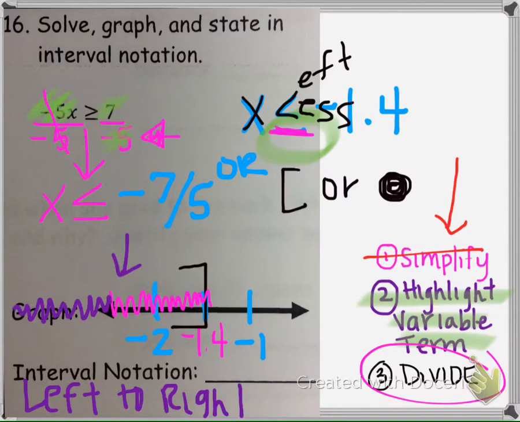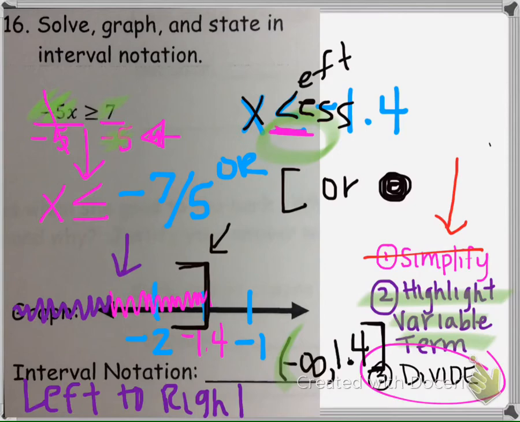So our interval notation, we're going to have a parenthesis and then -infinity. We always put a parenthesis around our infinity symbol. Then we put a comma, and then x cannot go to the right of -1.4. So we put -1.4 and we put a bracket because there's a bracket there, and x can be -1.4.